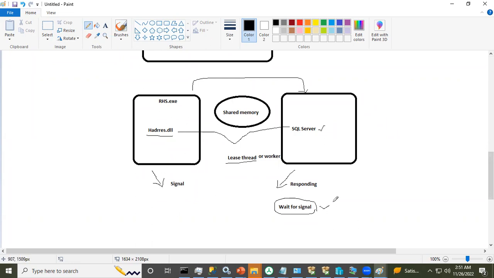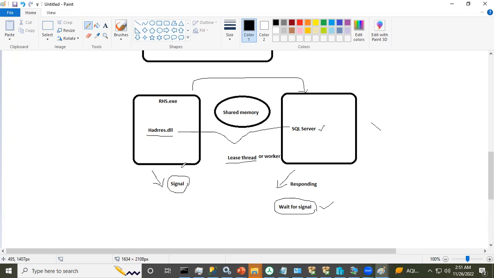If SQL is waiting and the HADR resource.dll is not sending any request or ping, then the issue is not with the SQL Server, right? SQL is ready and waiting for the signal, but the HADR resource.dll is not signaling to the SQL Server.